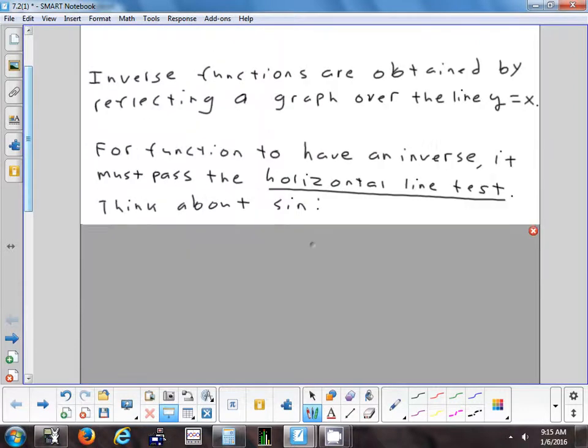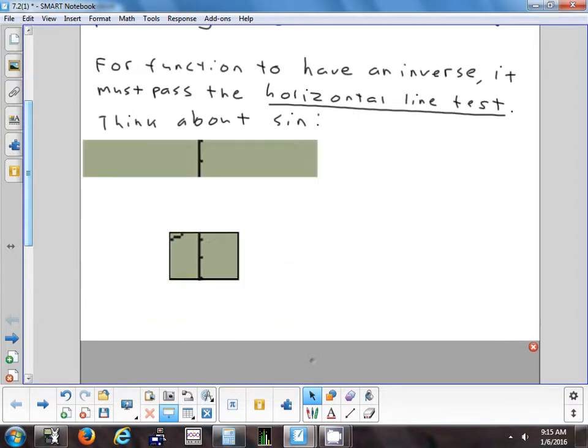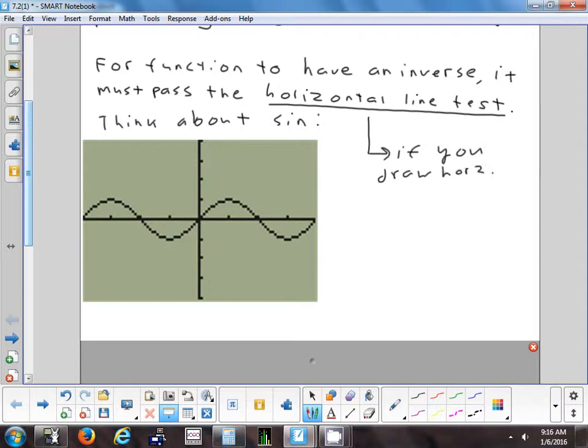All right, so let's think about sine. Okay, so here's our graph of sine. And what the horizontal line test means is if you draw a horizontal line anywhere on that graph, it can only hit it once.